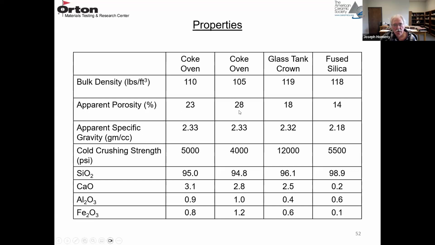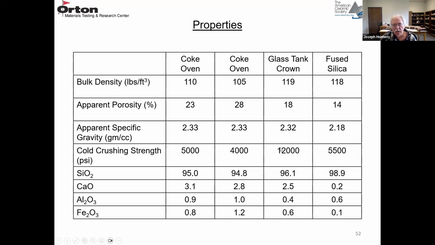The porosities are typically in the 15 to 20, 25% range, 23 and 28 here. This is a little lower. It's a glass tank refractory. You don't want a whole lot of porosity there because that leads to more surface area and higher corrosion rates. These are the apparent specific gravities in grams per cc, and the cold crushing strengths in PSI.